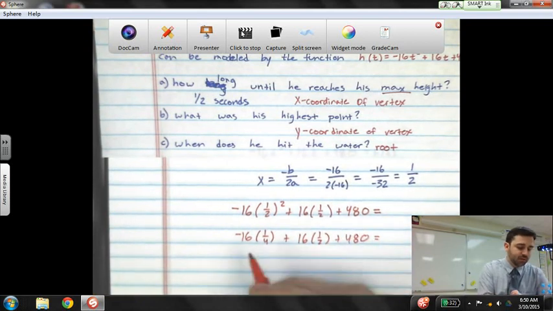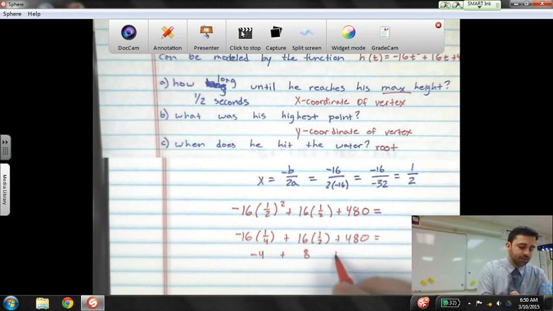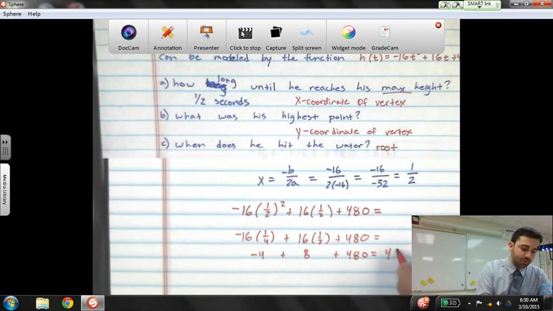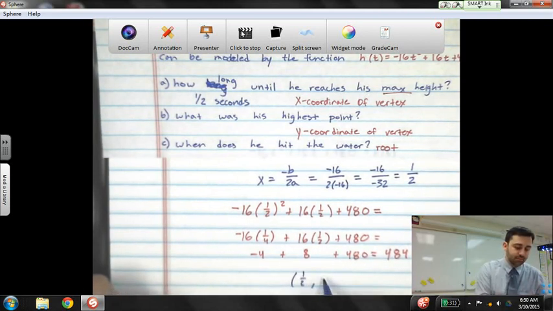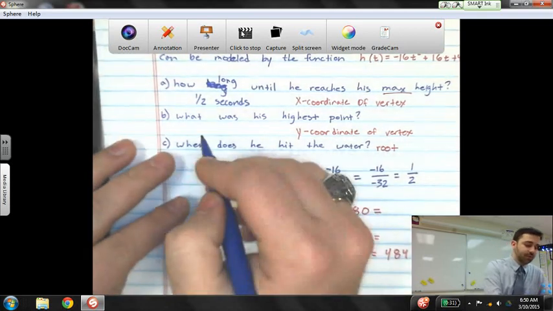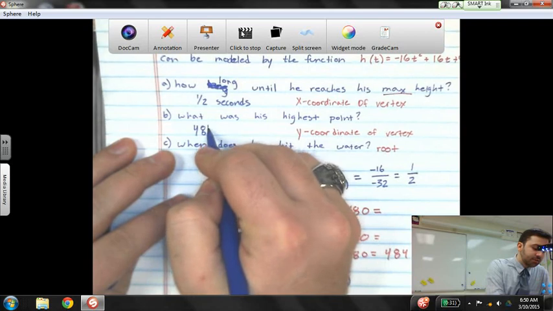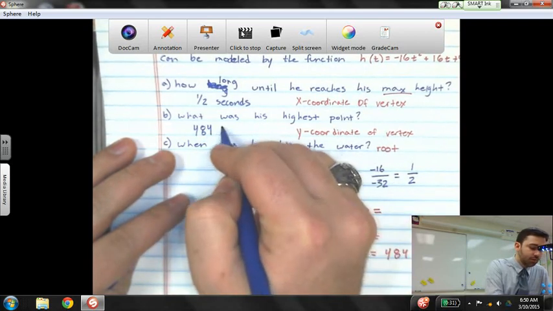At this point I'm just simplifying, and I get negative 4 plus 8 plus 480, which would give me 484. And so this tells us that after 1/2 second, he reaches a height of 484. And so his highest height was 484 feet.